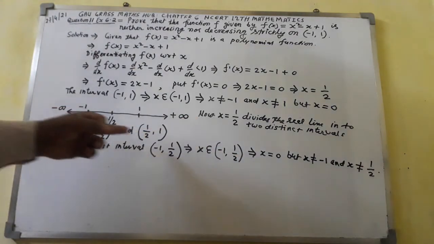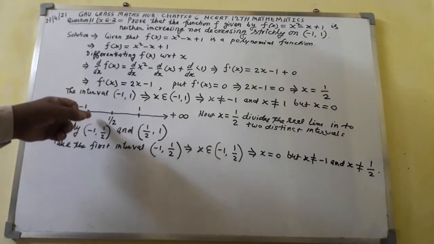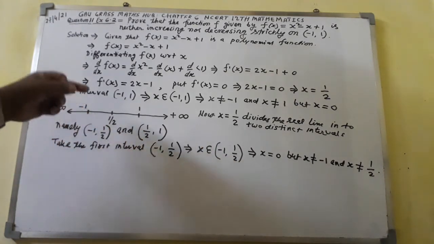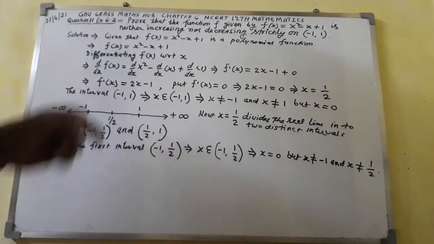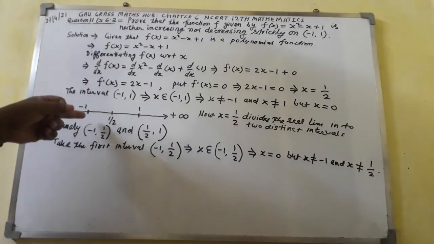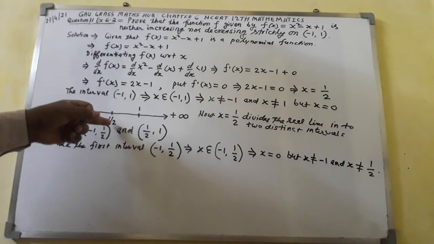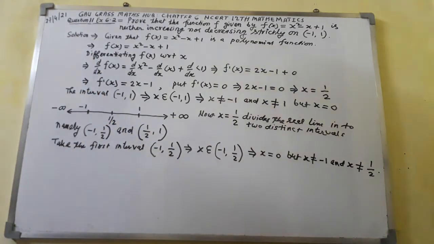So here I have located -1 on the real line, and 1 over 2 at this place. At both points -1 and 1 over 2, f of x will not respond at all.